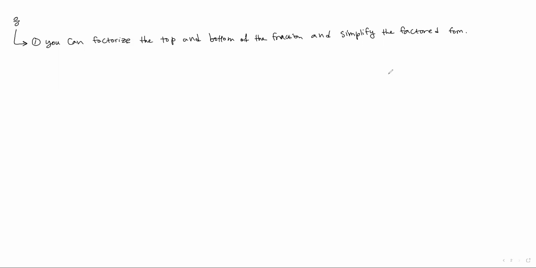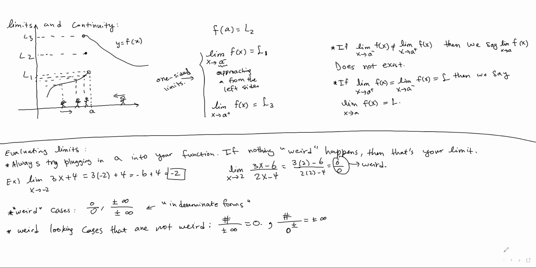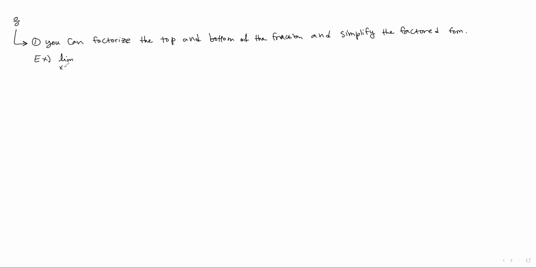So a very easy example of this is what I just gave you. So I told you that it's the limit of x approaching 2 of 3x minus 6 over 2x minus 4, right? So what can I factor from the top? Well, I can factor 3. So it's the limit as x approaches 2 of 3 times x minus 2.